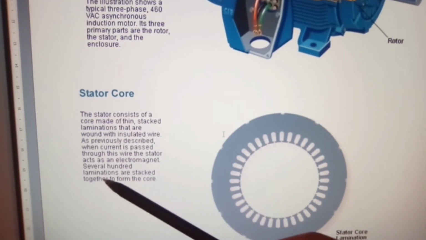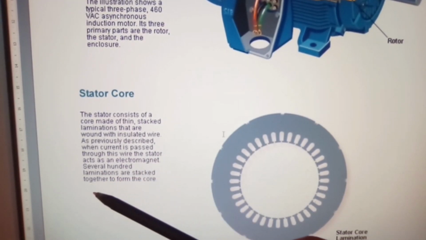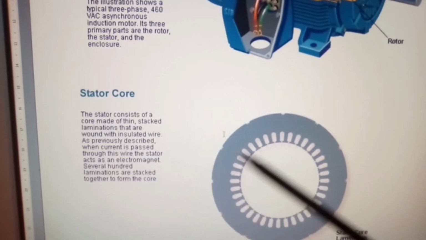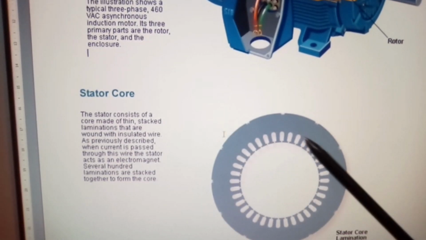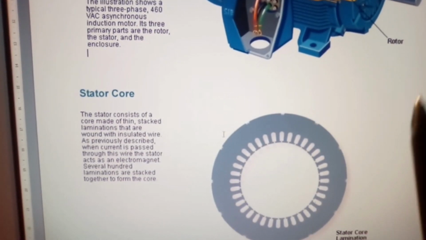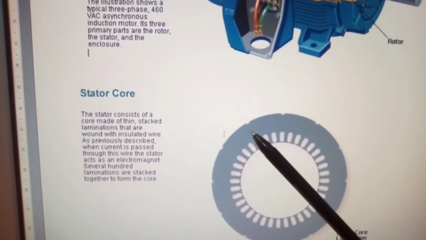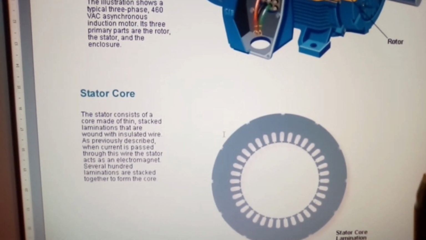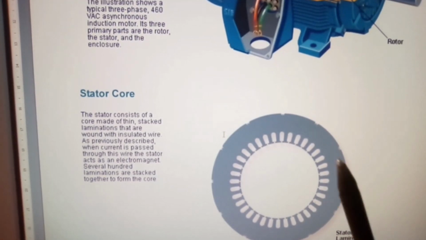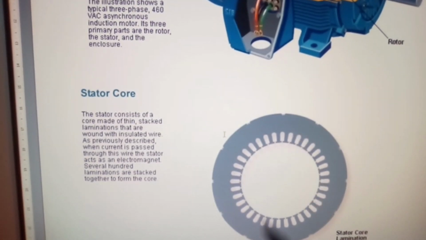Several hundred laminations are stacked together to form the core. So even though we have one piece here, 700 of these could be stacked together to create that core. Each one will be separated and they will be pulled together by a bolt of some sort to hold them together, thereby reducing the eddy current effect.